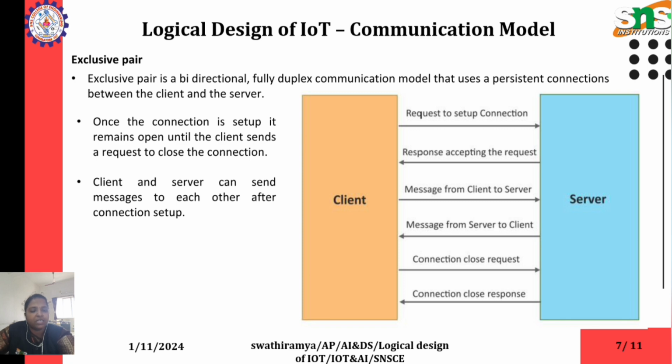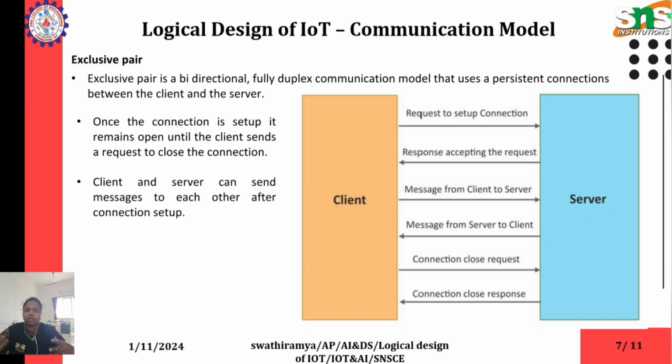If the server accepts, it will respond accepting the request. Then the message from the client will be sent to the server. In response to the messages or any queries from the client, the message will be sent from the server to the client. Once the communication is done, a connection close request is sent from the client to the server. Then the connection will be closed in response to the client's request.